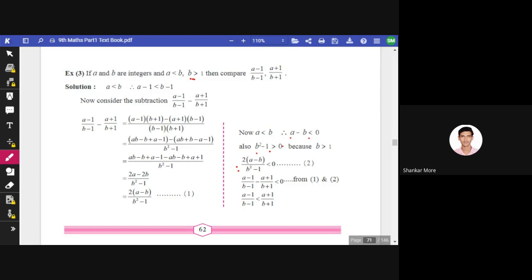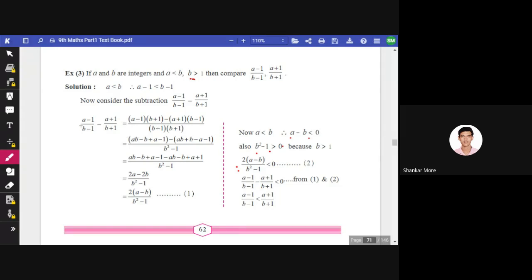Now consider the subtraction A minus 1 divided by B minus 1 minus A plus 1 divided by B plus 1. So we are considering it as a subtraction and we are checking what would be the result. While subtracting here we will have to do cross multiplication.